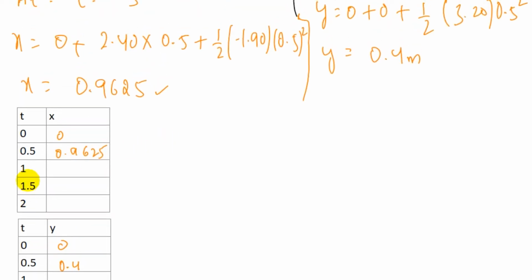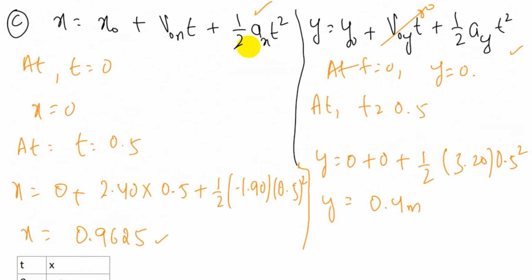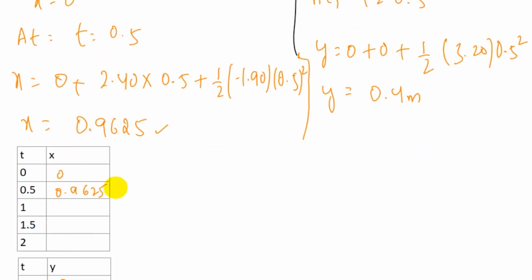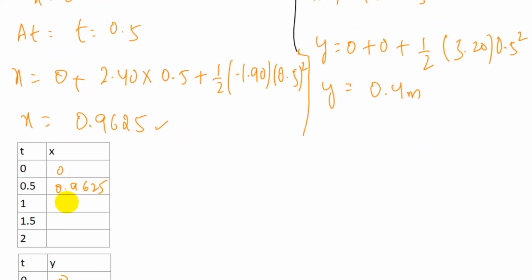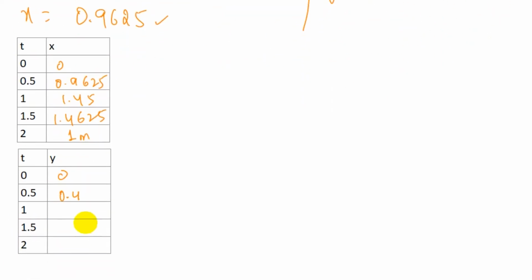Now similarly put time as 1 here to find the x value, and we'll get the x value to be 1.45, and then 1.4625, and finally x is 1 meter. In a similar fashion, y at 1 is 1.6, at 1.5 y is 3.6, and finally this will be 6.4. Now we can easily plot the xt and the yt graph.